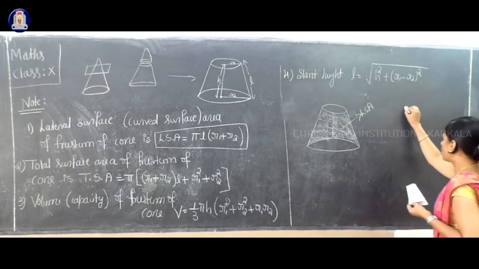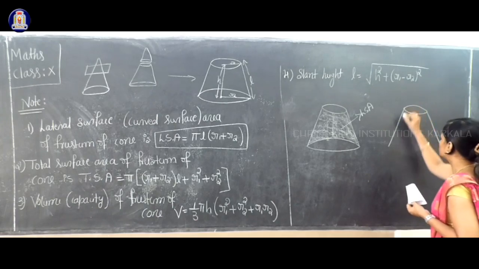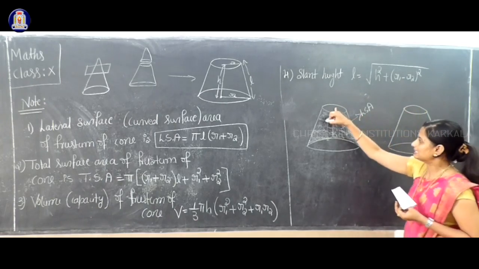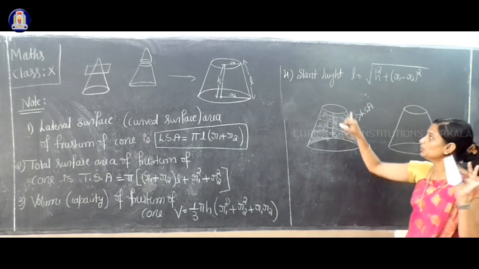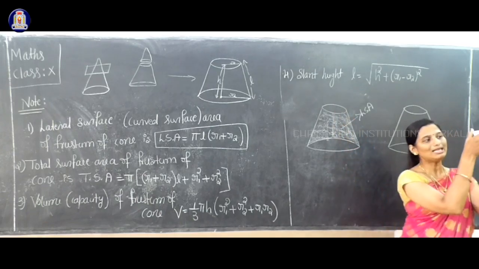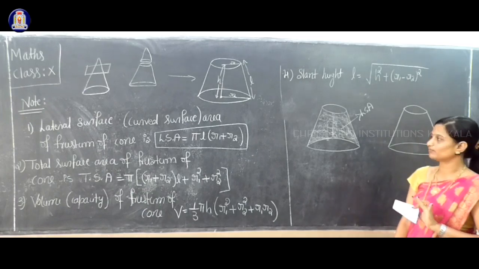Okay. So now how to find the total surface area, that I will show. In the lateral surface area, the areas of the two circles are not included. Understood, no? Only the area of this part is included. That is the lateral surface area.